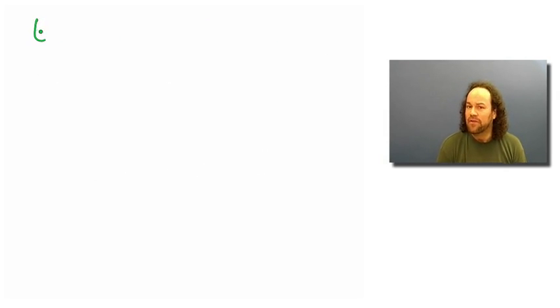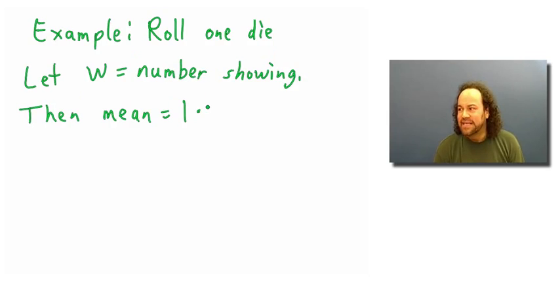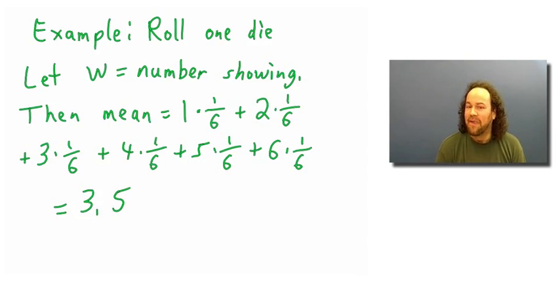So for example, if we're rolling the die and looking at the number shown, then the mean would be equal to, well, 1 multiplied by a 6th, plus 2 multiplied by a 6th, plus 3 multiplied by a 6th, and so on up to plus 6 multiplied by a 6th. This works out to 3.5, not 3 as some people might think. So we say that on average, if you roll a die, the average or mean or expected value that you'll get is equal to 3.5.